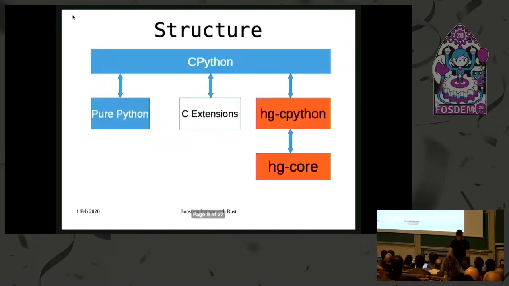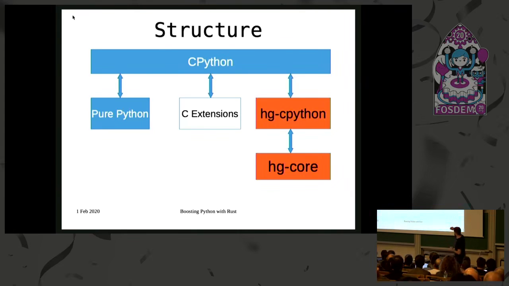So we have the following structure within Mercurial. I'm only talking about CPython now, so for people using PyPy, I'm sorry. The pure Python code, of course, talks to its backend, CPython. The C extensions do the same thing, and Rust is split in two crates.